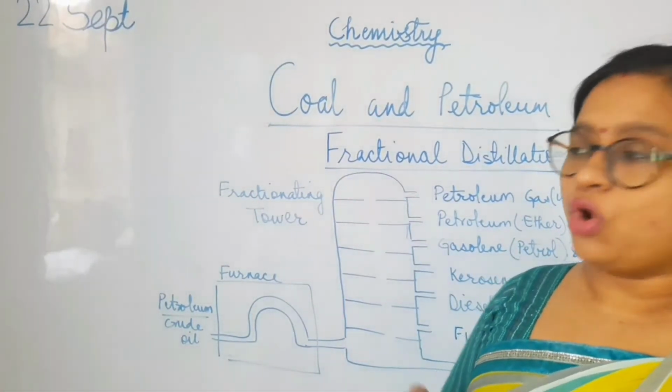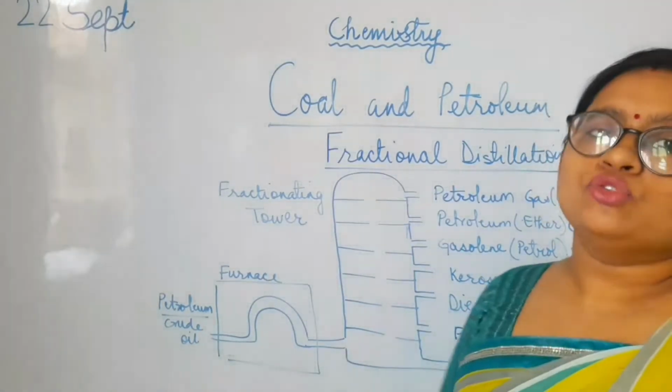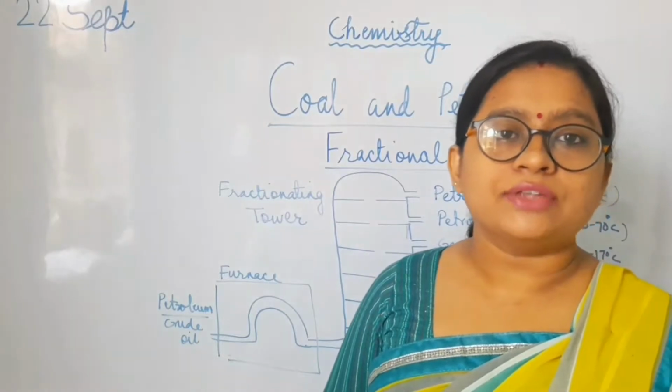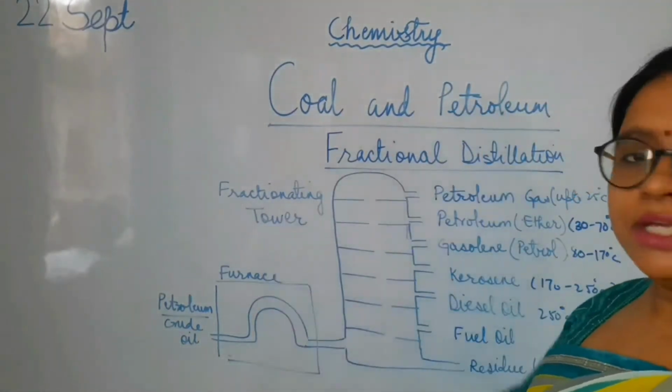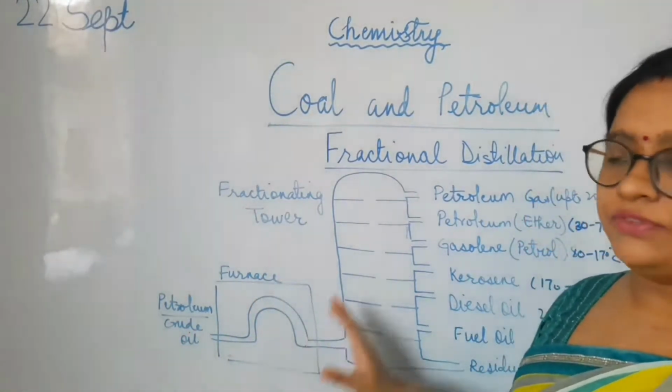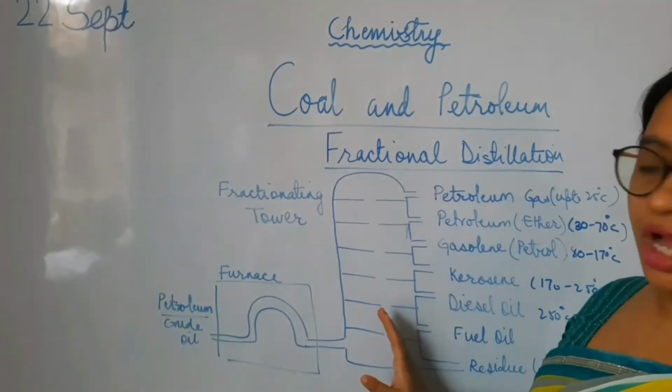This process is not only used for air, but it is also used in many other separations, which we are going to discuss in class 9. So what is happening in this case? The petroleum, which is crude oil, goes into the furnace and then into the fractionating tower.